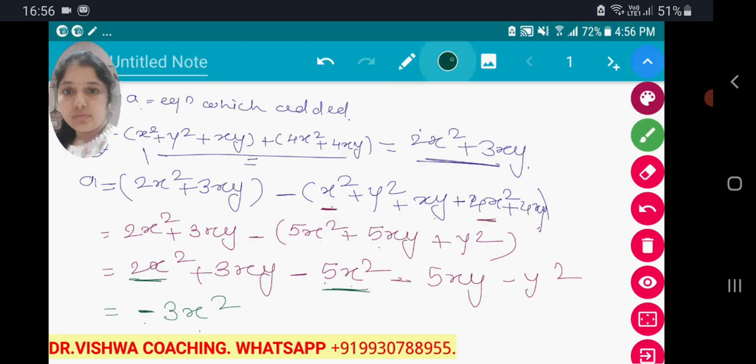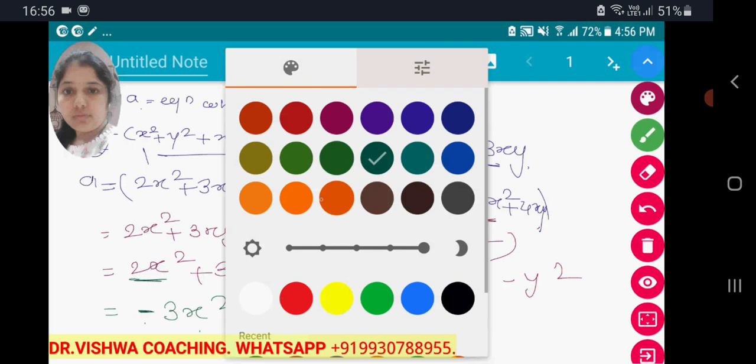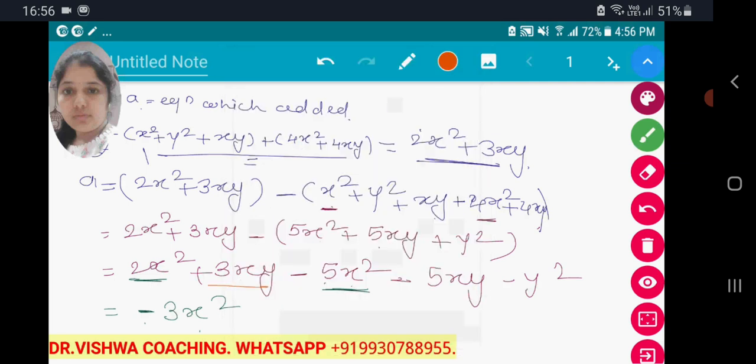Now again this 3xy and 5xy have different signs, so again we are not going to add them, we will subtract 3 from 5 and give the sign of the bigger term. So 2xy but minus 2xy is your answer, and minus y square remains as it is.